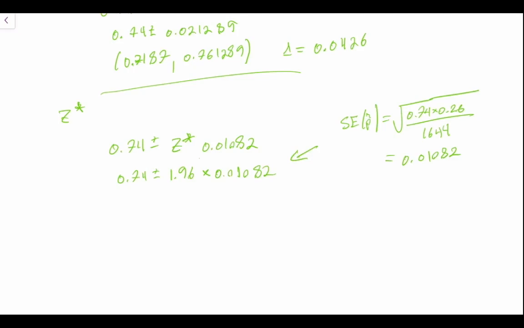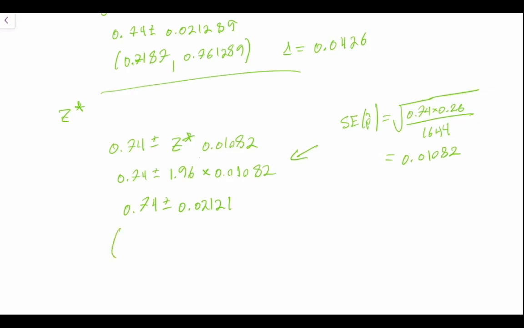So 1.96 times 0.01082 gives us a value then of 0.74 plus or minus 0.02121.